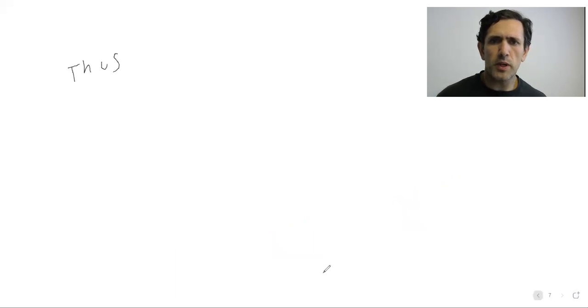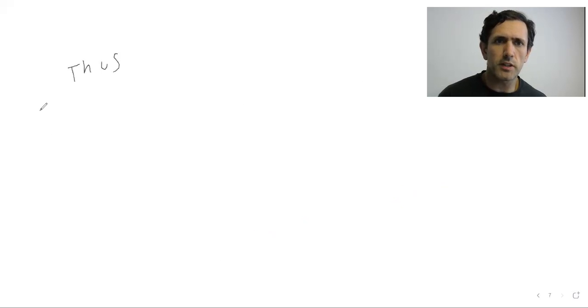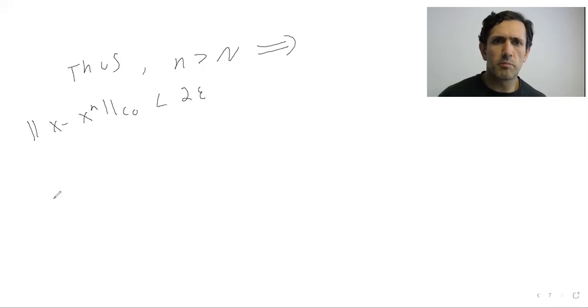So the supremum over all J0 is less than 2 epsilon. So by definition, this implies that the sup is less than 2 epsilon. And so that proves B.